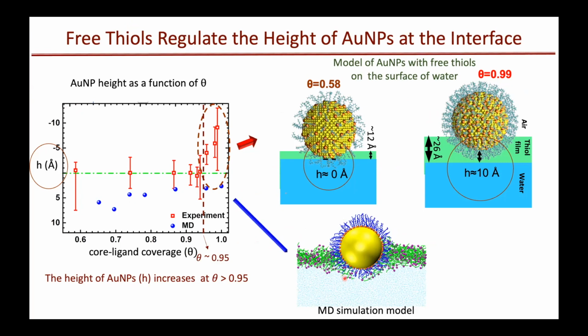It shows from the MD simulation that it does not show this critical value behavior, I believe because we model the core as a sphere for polyhedral gold with flat facets as in the experiment.